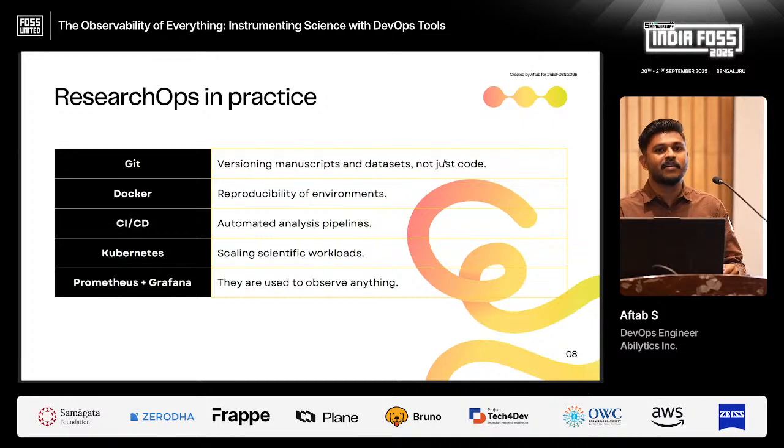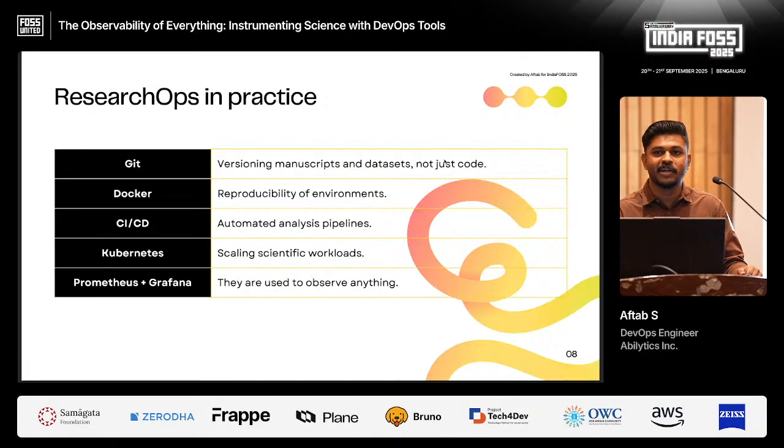CI/CD is more like the heart of this whole thing, because no student wants to run a 20-hour-long pipeline 20 times, manually. Kubernetes plays a very vital role in this research ops concept, which I'll come to soon. There are multiple workloads in high-performance computing systems, so they require scaling things up and down almost instantly and efficiently.